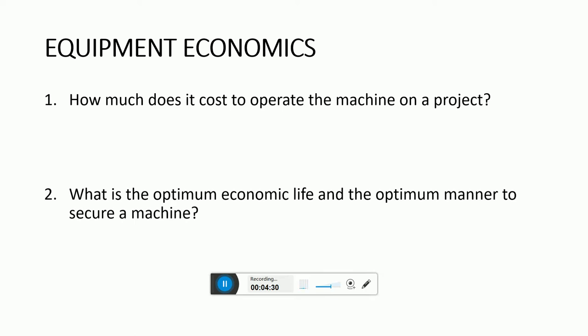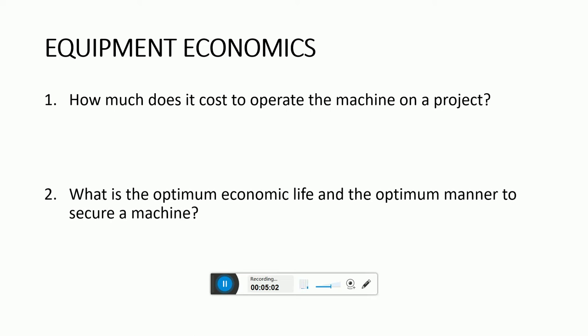Coming to the second question, what is the optimum economic life and the optimum manner to secure a machine? This question seeks to identify the optimum point in time to replace a machine and the optimum way to secure a machine. This is important in that it will affect the ownership and operating cost, and it can lower the production expenses, enabling a contractor to achieve a better pricing position.